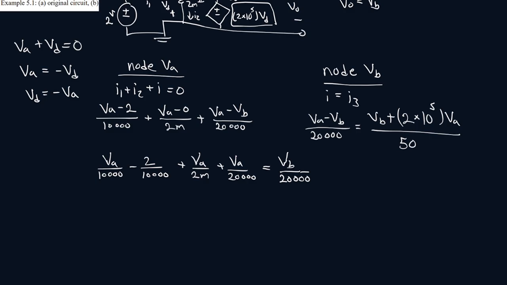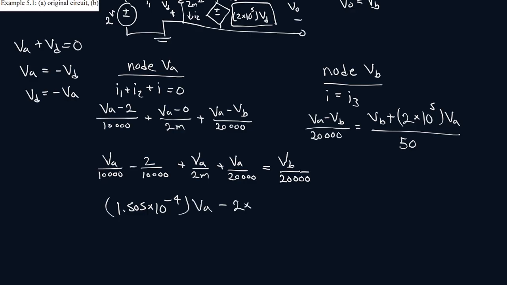So VA will be 1 over 1,000 plus 1 over 2 million plus 1 over 20,000. So that gives me 1.505 times 10 to the power of minus 4 VA minus, so 2 over 10,000.